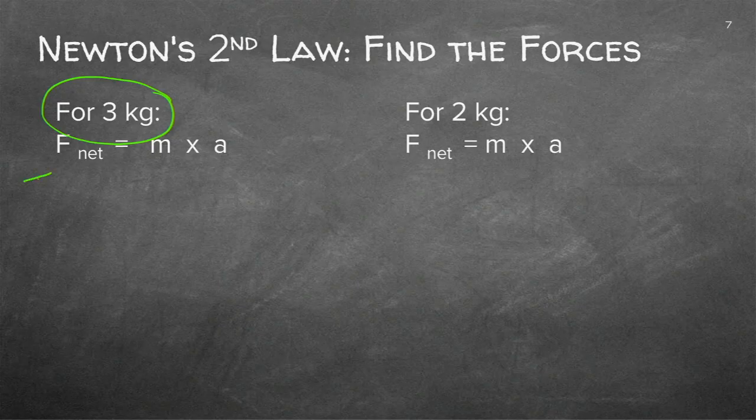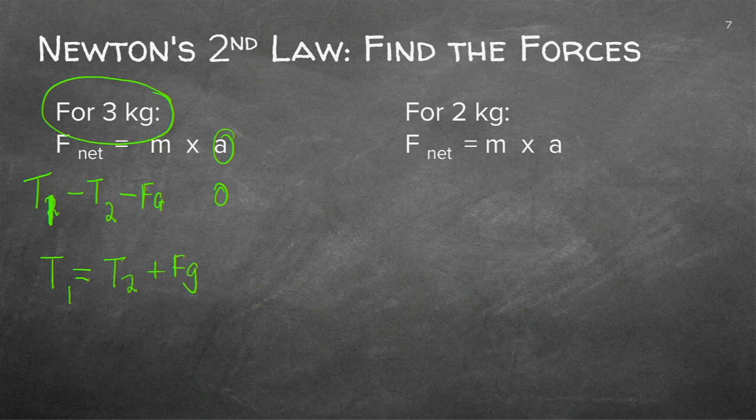For the 3 kilogram, let's say for instance it's just hanging there. I've got the T2 pulling upward, and I've got the T1, sorry. It's T1 pulling upward, T2 in between, minus the Fg. Or we could say if it's not moving, the acceleration will be 0, then T1 will be equal to T2 plus Fg.